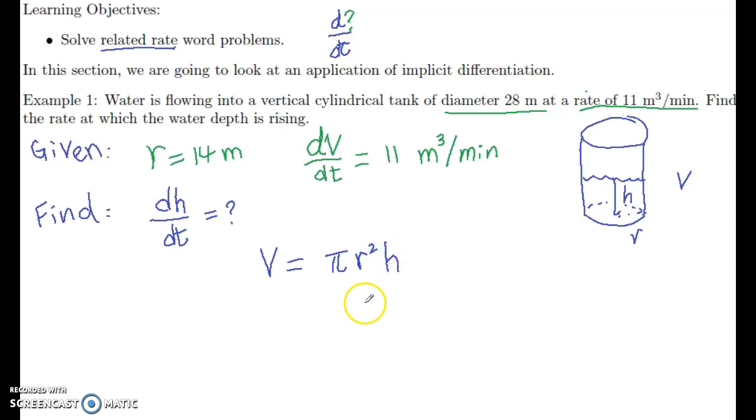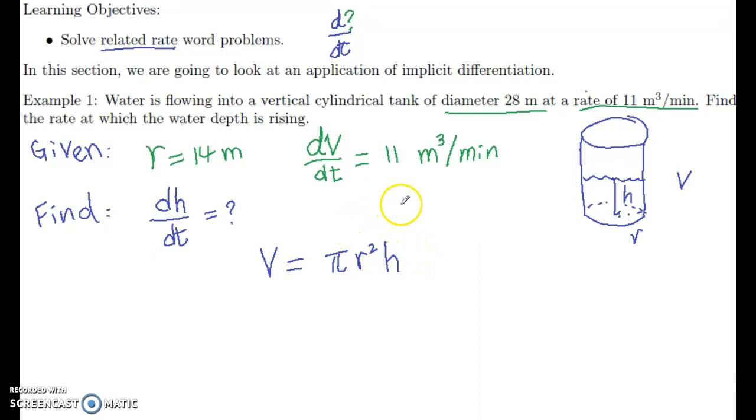That is the volume. Then we need to know what quantity is changing and what quantity is not. The volume changes as water flows in. The radius is fixed because it's a tank; it's not going to change its radius. But the height is changing also because water is rising.